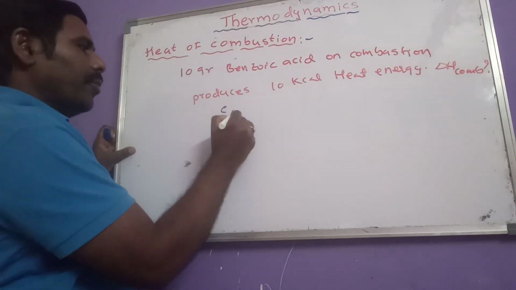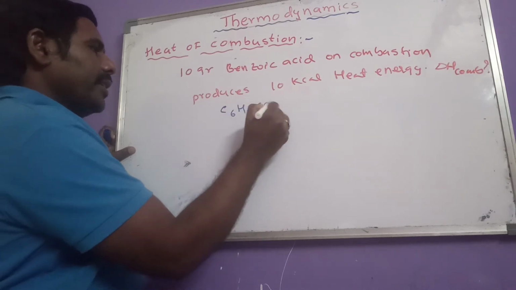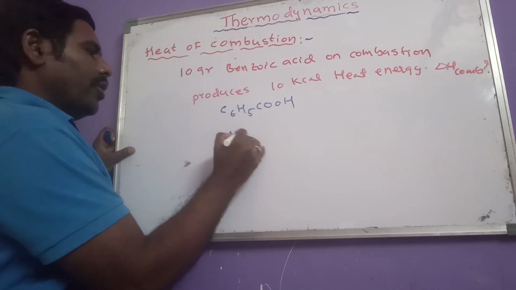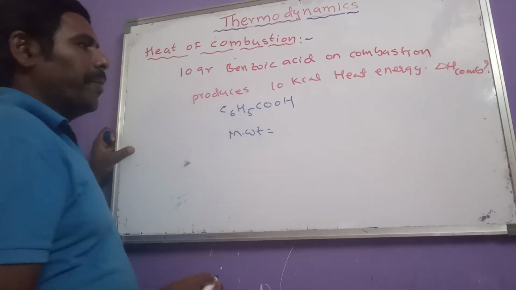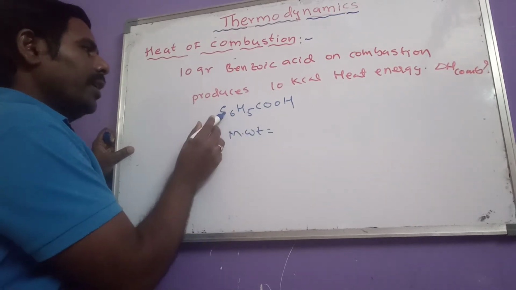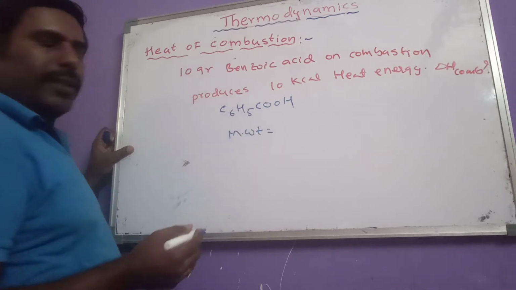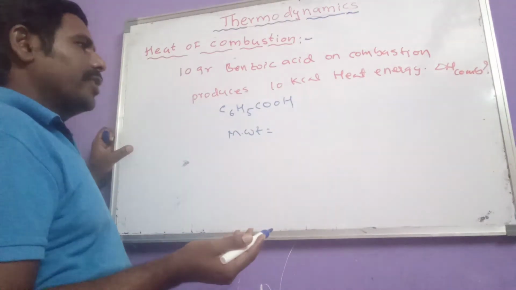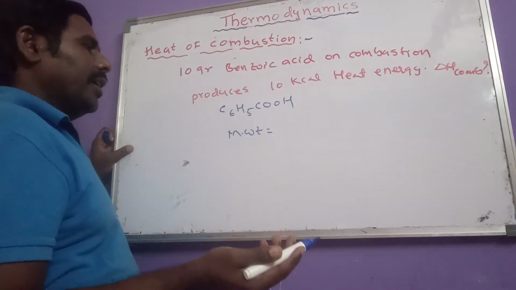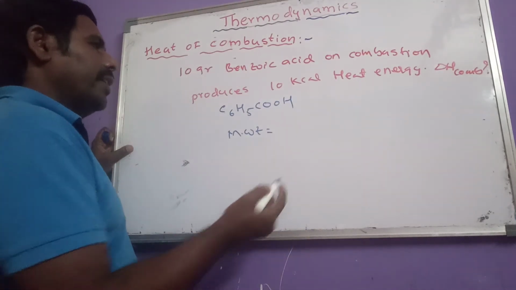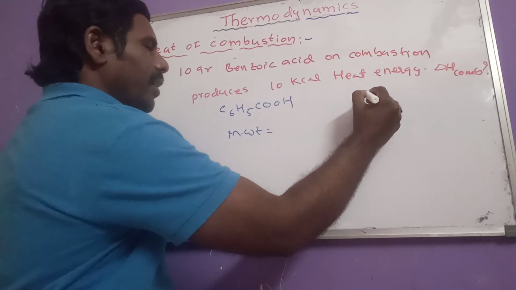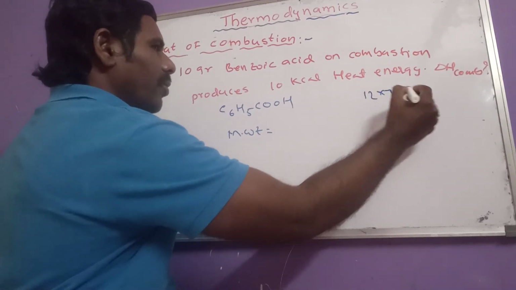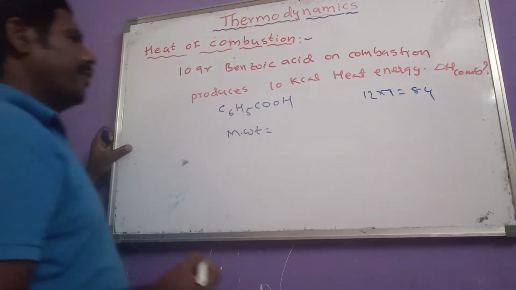Let us see the formula of benzoic acid, C6H5COOH. Now let us calculate the molecular weight of benzoic acid. 7 carbon atoms are there, so 7 carbons means 12 sevens, 84.